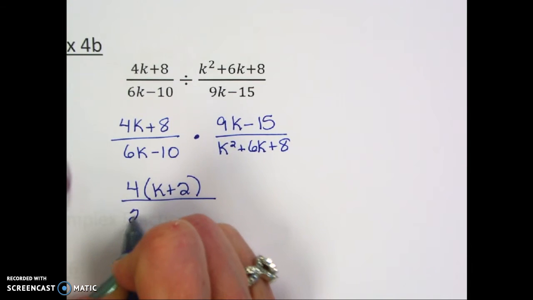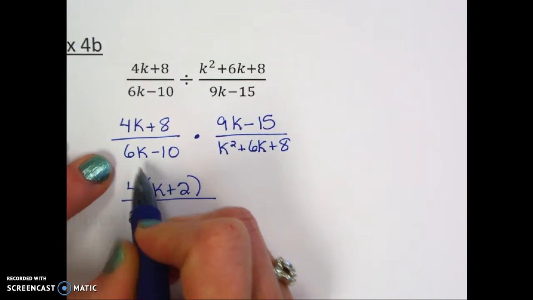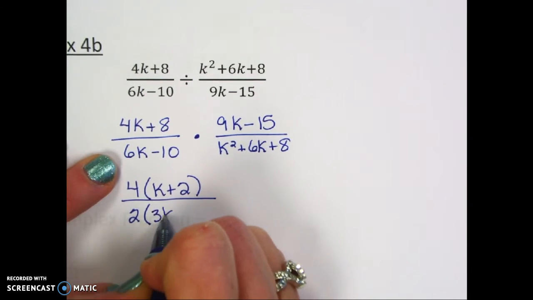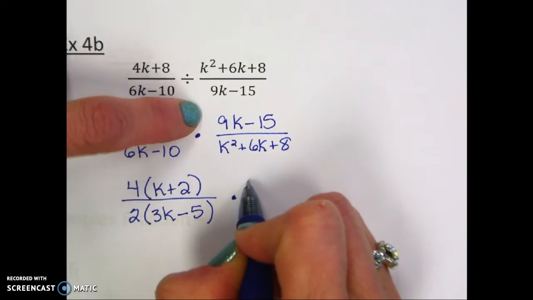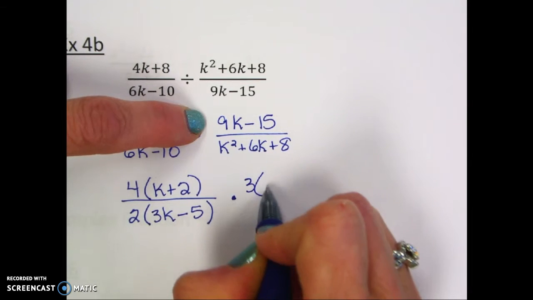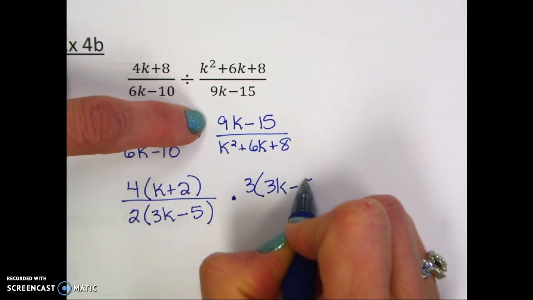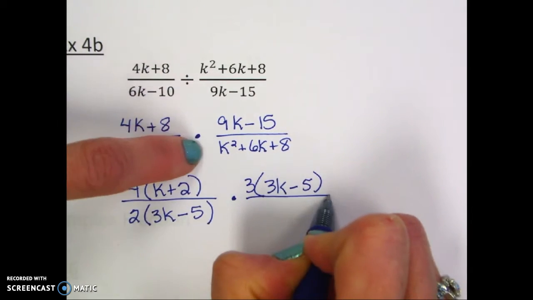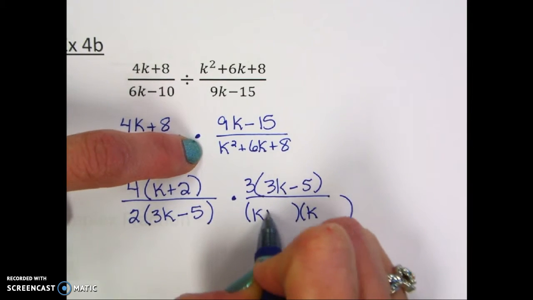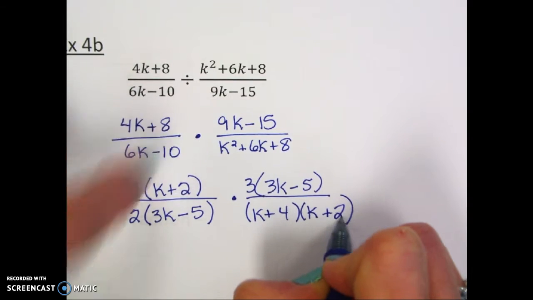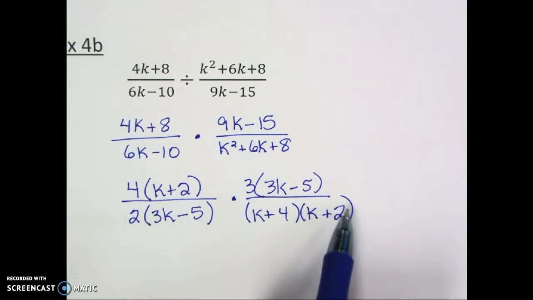On the bottom one, a 2 will factor out and we will have a 3k minus 5 left. The top, a 3 will factor out and we will have a 3k minus 5 left. And the bottom here, we end up with k plus 4 and k plus 2 when we factor that, because we need it to multiply to 8 and add up to 6.